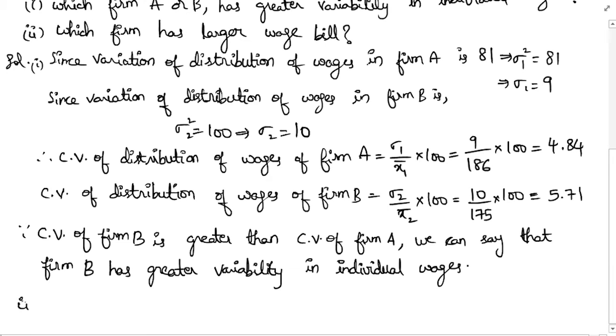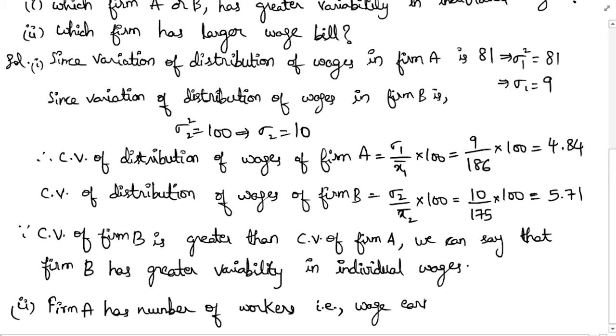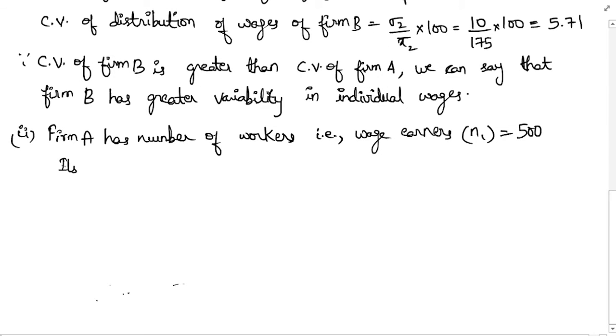Now we'll move on to our second bit. Firm A has number of workers, that is wage earners, N1 equal to 500. So its average daily wage, say x1 bar, is equal to rupees 186.